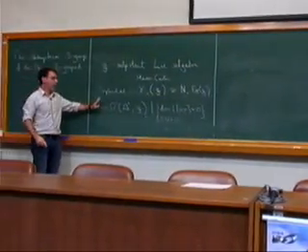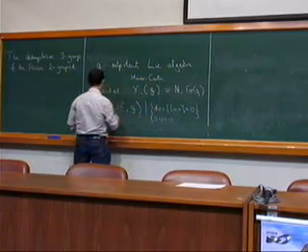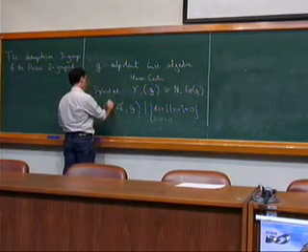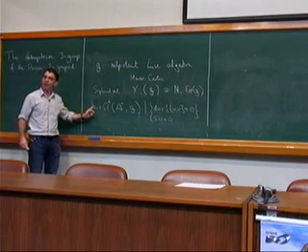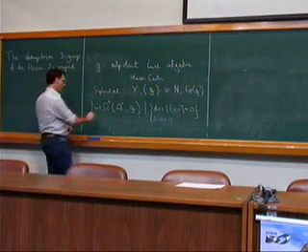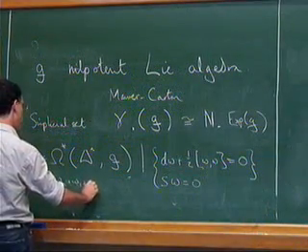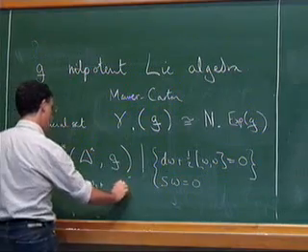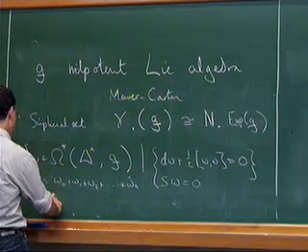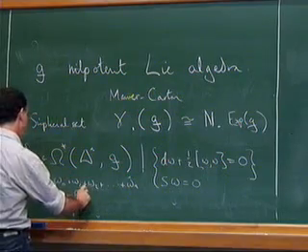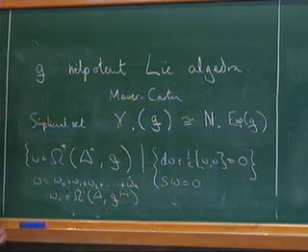Okay, so you have to change the definition a little, but not very much. So we have to take now forms which have total degree. So omega is going to be omega 0 plus omega 1 plus omega 2 plus up to omega n, and omega i is an i-form with values in g_{1-i}.